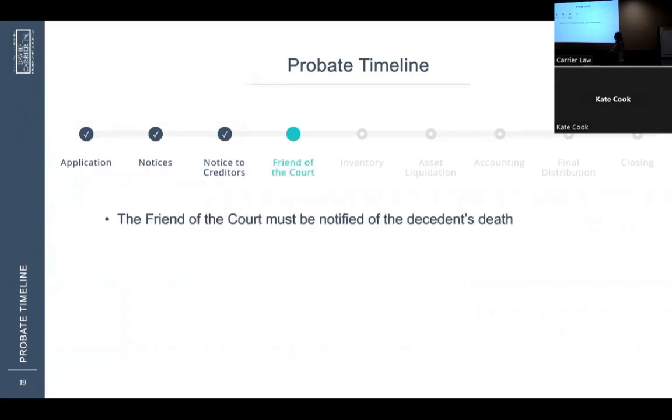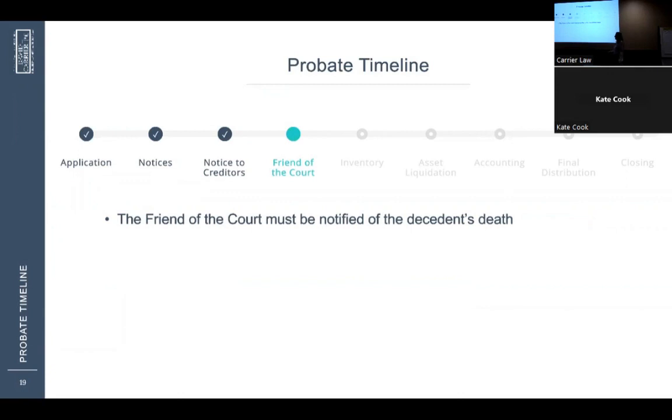The friend of the court is also notified when a person has passed away and they did not have a trust. Whenever any assets are being probated, this is just an automatic step in the process that is required. A notice goes to the friend of the court to let them know that a person has passed away.